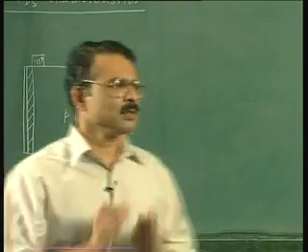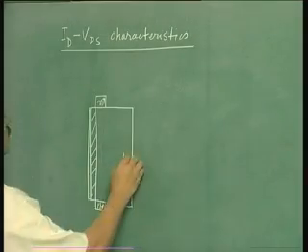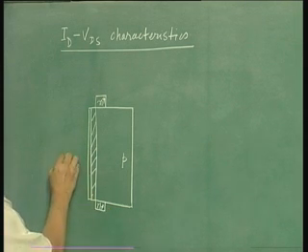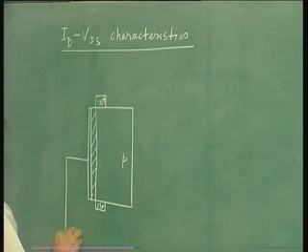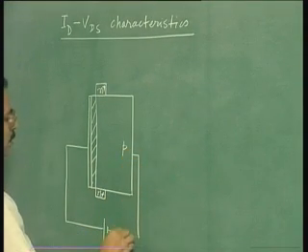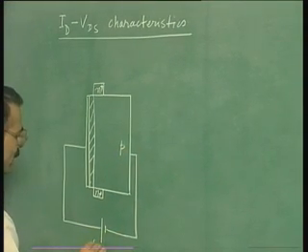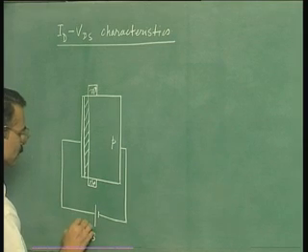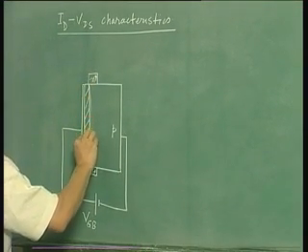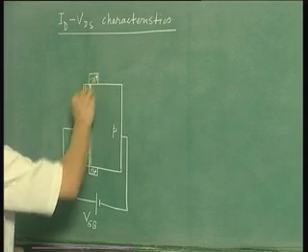That means the following: we will use this as the common terminal and then we apply a voltage to the gate with respect to the bulk so as to create the inversion layer here. So you have the inversion layer here.